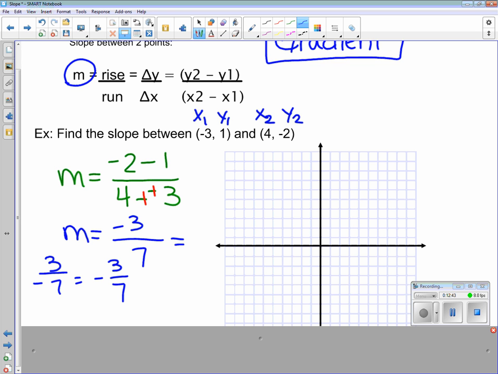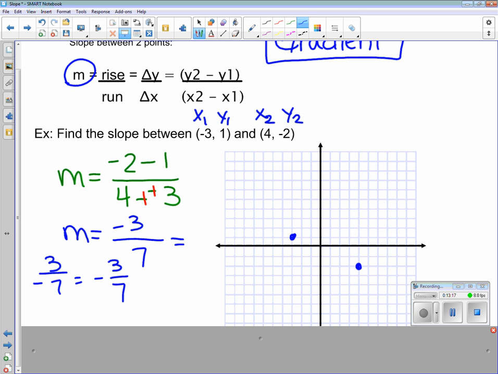When we talk about the slope, the negative can go in the numerator or the denominator, and it tells us the direction we go from point to point. So I'm just going to graph them for a minute. -3, 1, and 4, -2. If I wanted to just graph and count to find the slope, which we'll eventually do because we're going to be graphing lines and writing equations of lines, which point do I start with?